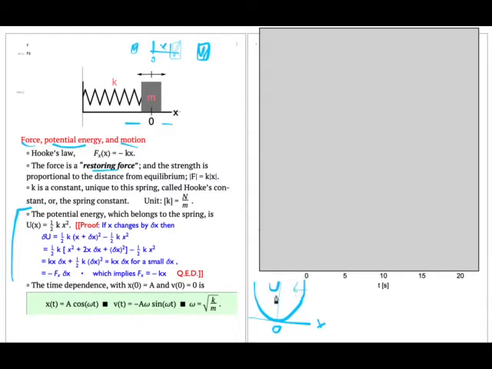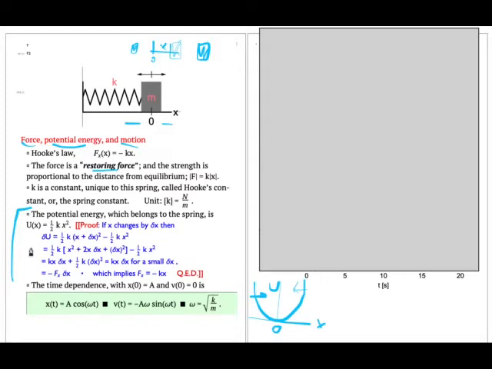So the force goes this way, back towards the origin. Or if I'm over here, the force goes that way, because the direction of decreasing U is to the right. So again, this potential with a minimum corresponds to a restoring force to the equilibrium, always toward the equilibrium.